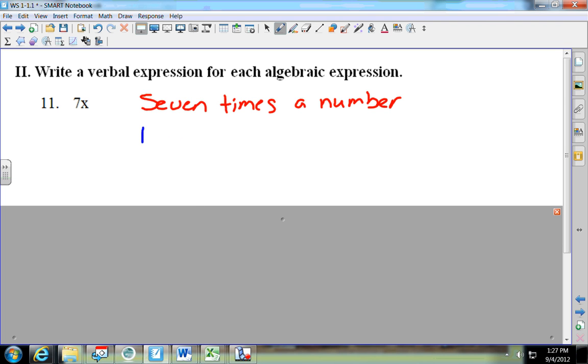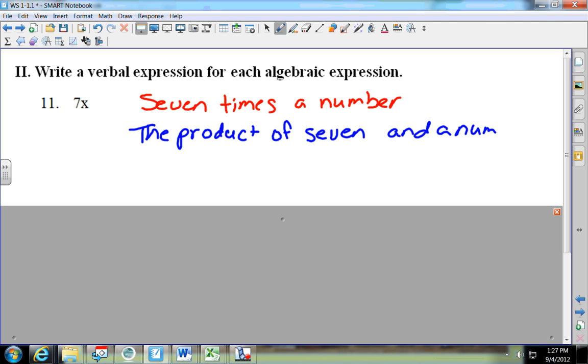The product of 7 and a number. If it's a number to the 7th power, it would be a number to the 7th power like that. Okay? But that's all right.